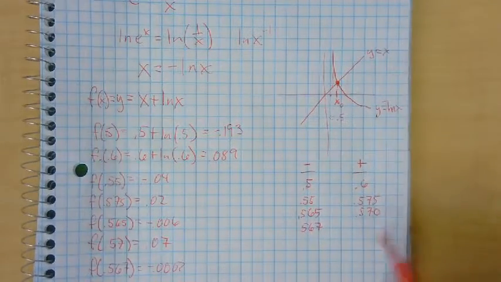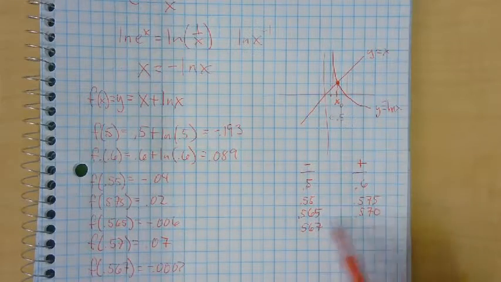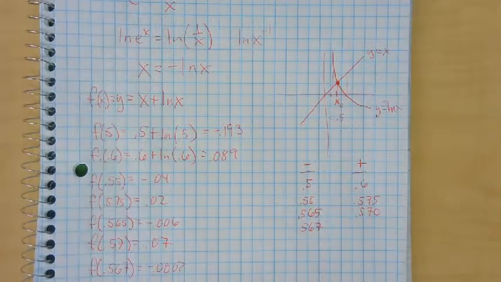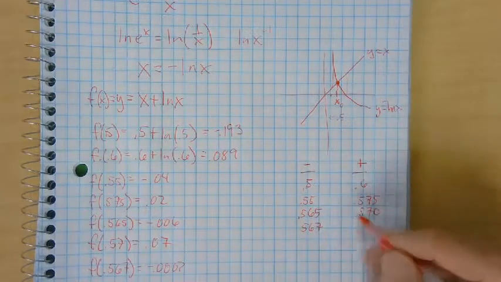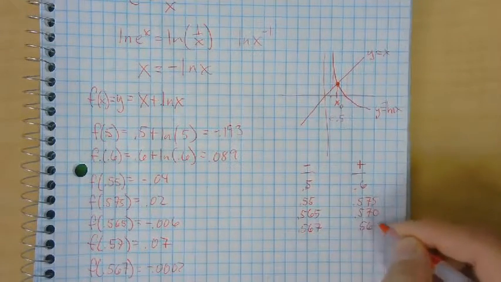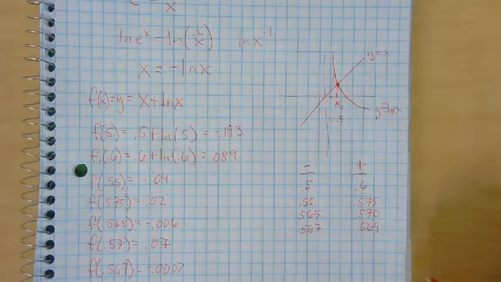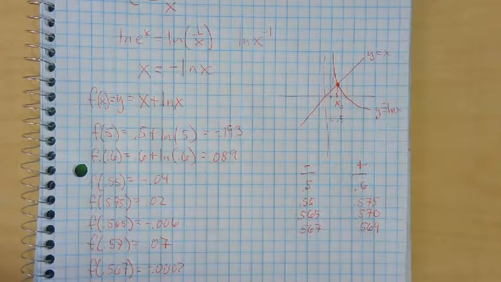All right, let's check something between here. Let's check 0.569. And that's a positive. Okay, let's check 0.568.